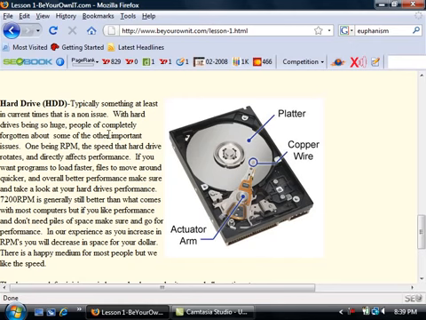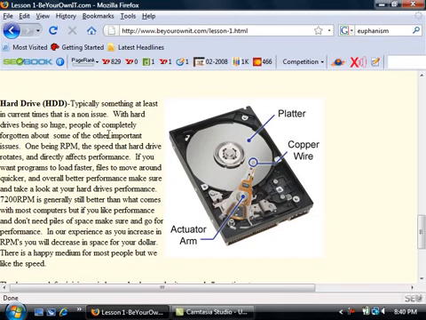Some are 5400 RPM, which is still very typical, 7200 RPM, which is generally better, and some are 10,000 or more RPM. The more RPMs you get, the higher performance the drive is. Oftentimes there's a trade-off where you're going to have more RPMs but less available hard drive space. So you're going to have to make that decision.